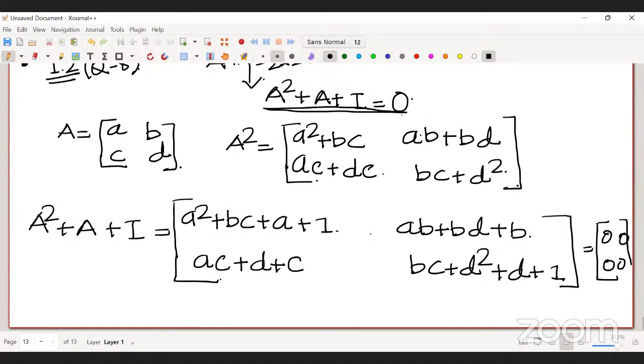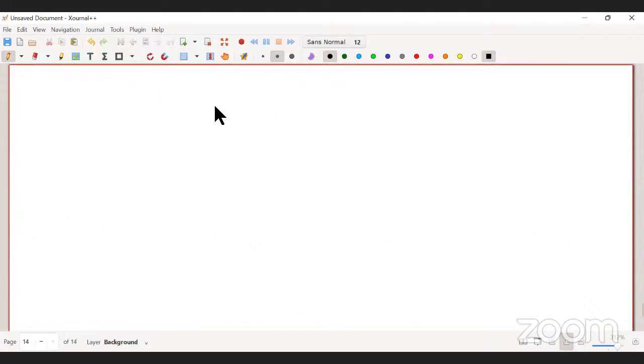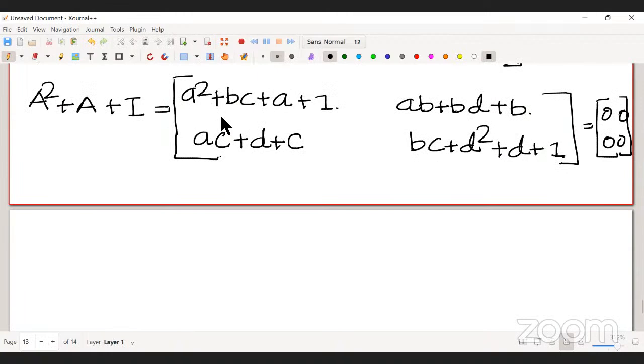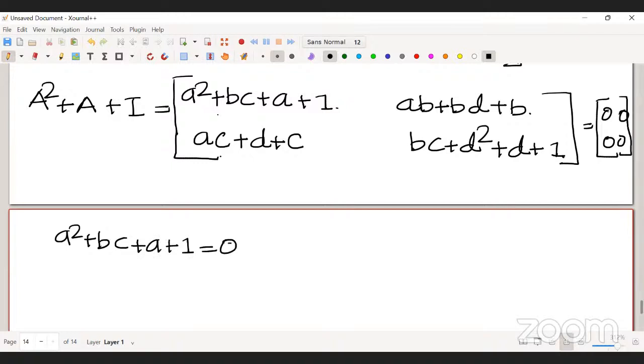I want this to be 0. So if I equate, I get A square plus BC plus A plus 1 equal to 0. Similarly, AB plus BD plus B equal to 0.